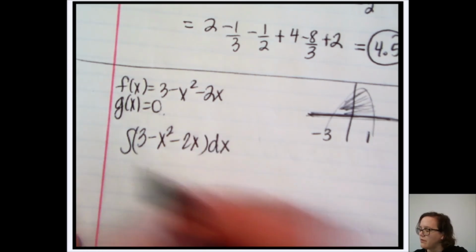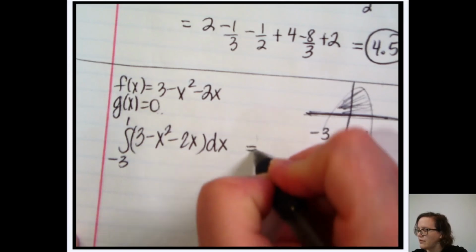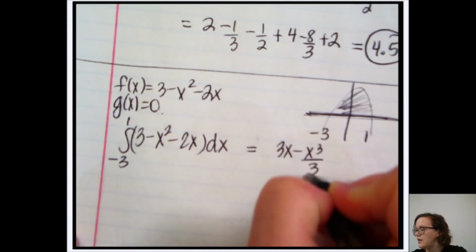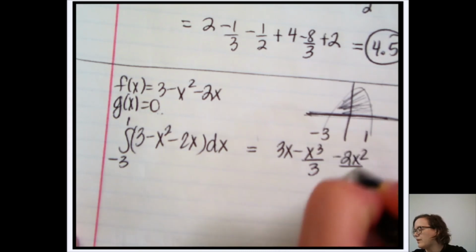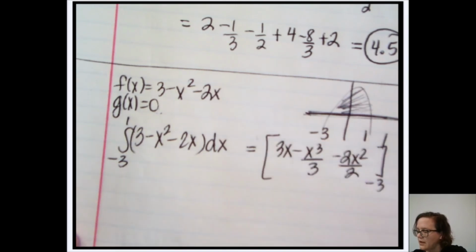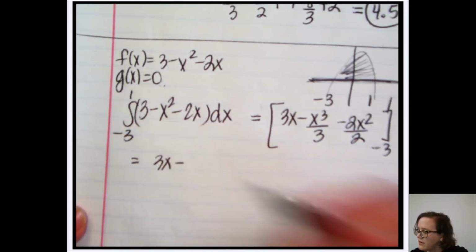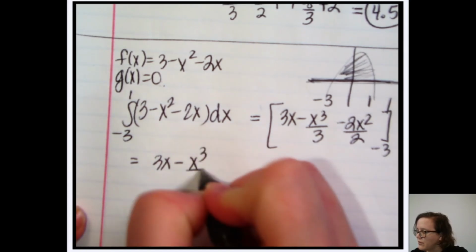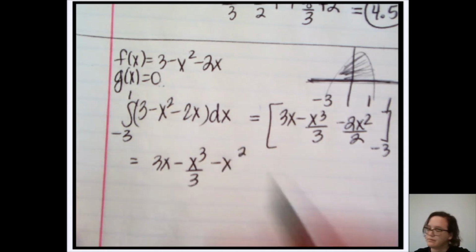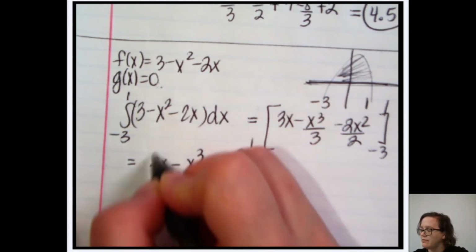And we said it went from -3 to 1. Okay, so if we integrate this, we get 3x minus x cubed over 3 minus 2x squared, okay, from -3 to 1. Okay, and that simplifies to 3x minus x cubed over 3 minus x squared from -3 to 1.